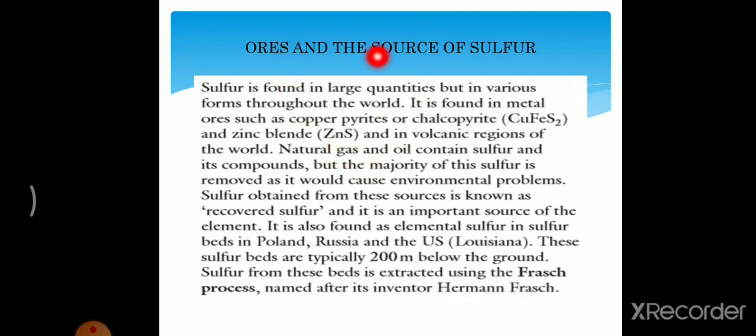Here in this slide we'll be studying the ores of sulfur. What do you mean by ore? An ore is a rock that contains the mineral from which the metal can be extracted.